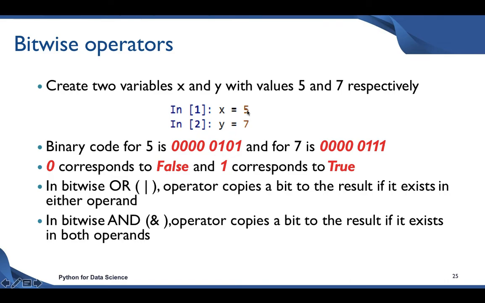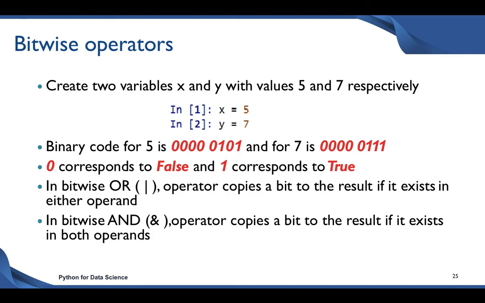If you want to make 5, this bit has to be turned on, and this bit has to be turned on, because this is 2 raised to power 2, that is 4, and this is 2 raised to power 0, that is 1. 4 plus 1 is equal to 5, right? Similarly, 2 raised to power 0, 2 raised to power 1, 2 raised to power 2: 4 plus 2 is 6, plus 1 is 7, right?